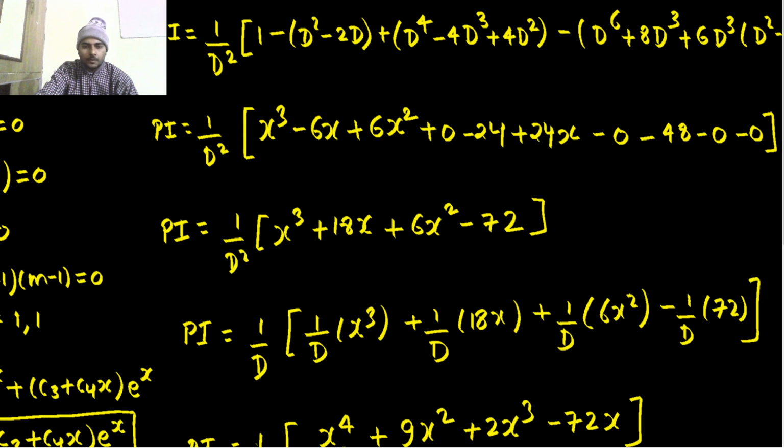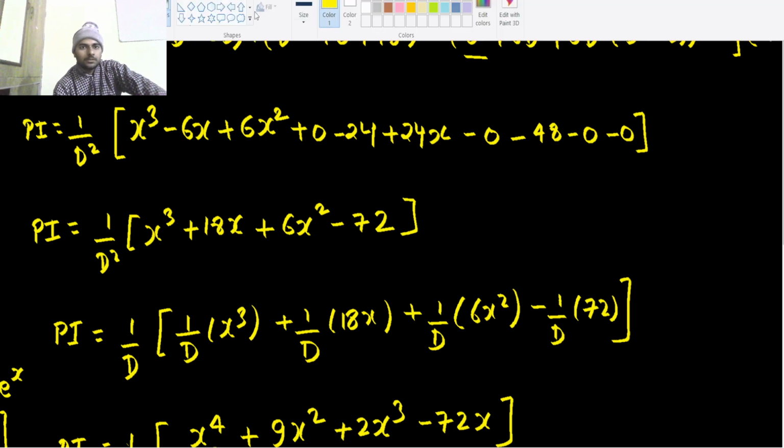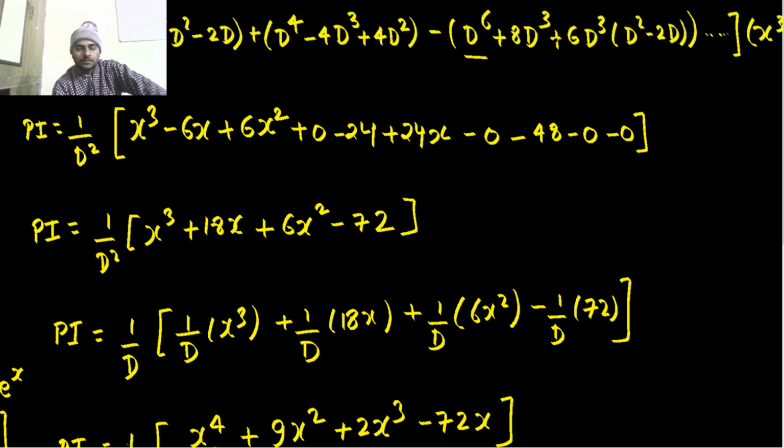Okay, so that 8D cube term. A cube, so D square cube was D power 6, minus b cube, b was 2D. Okay, there I made the mistake, it should be minus 8D cube. So I will have to correct that.